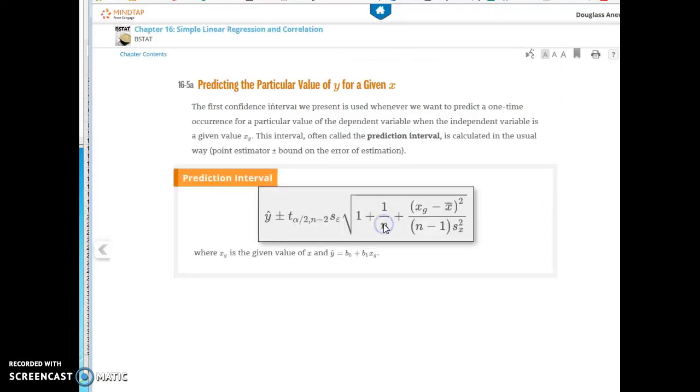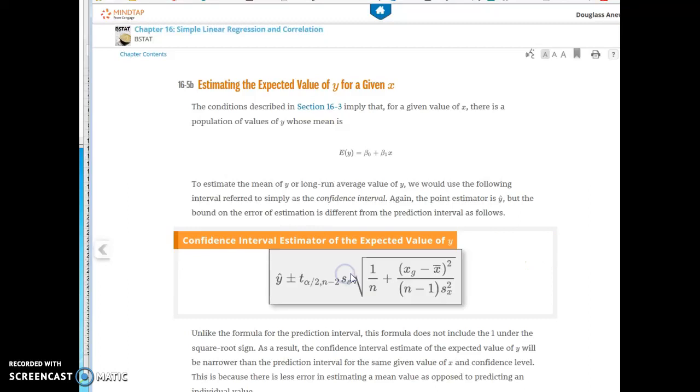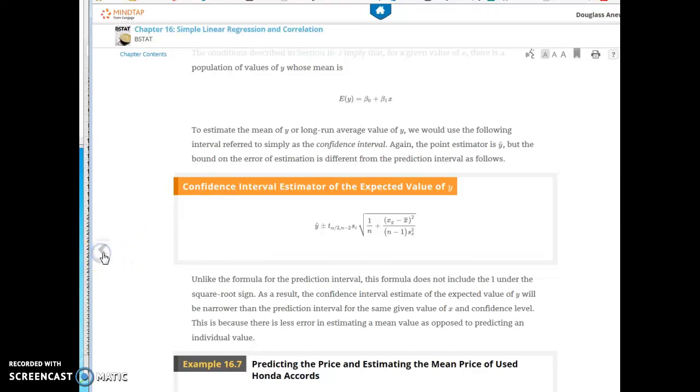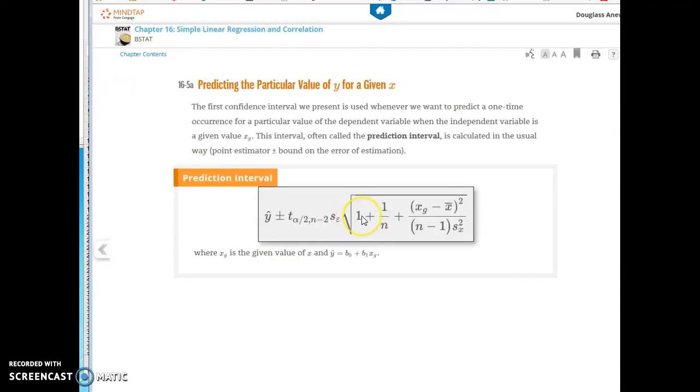Here's what we just did, the formula, and if you're doing the confidence interval for a mean or an expected value for everybody who would have that same X value, you use almost the identical formula. There's just no 1 in here. So same formula, just make sure you don't put, I'll show you again the old one, don't have that 1 plus at the beginning.